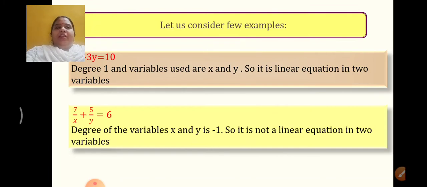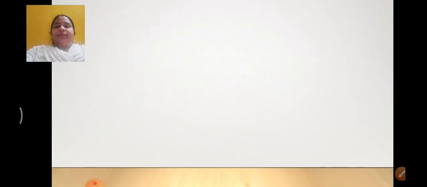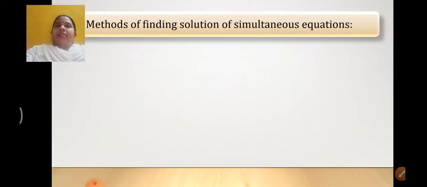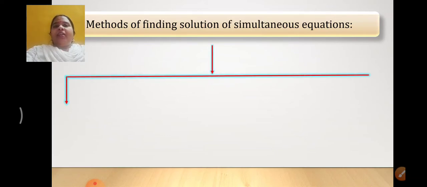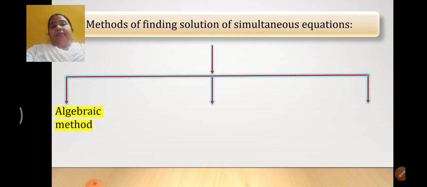Okay, right. After this, let us understand the methods of finding the solution of simultaneous equations. Now this we have already started in 9th standard and covered a part of it, I should say. In 9th standard we have learned the algebraic method. There we have learned two types that I am going to revise today.